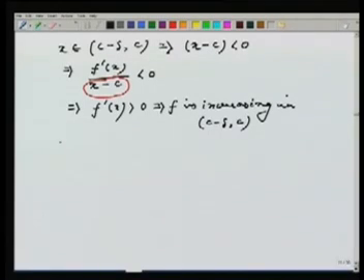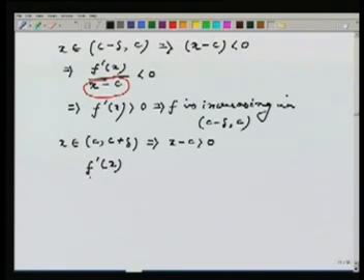On the other hand, if I choose x in (C, C plus delta), notice that this would imply that x minus C is strictly bigger than 0. Then again, from the condition on the double derivative, I have that f prime x divided by x minus C is strictly less than 0. That anyway is given to me.